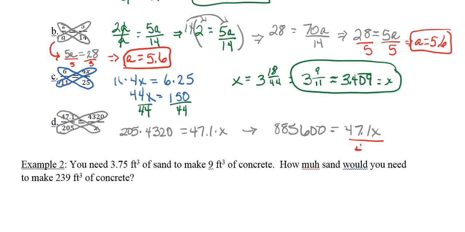I'll just go ahead and divide by my 47.1. X equals 18802.547, the 7 repeats.